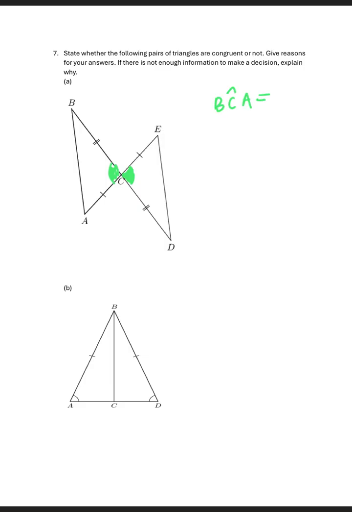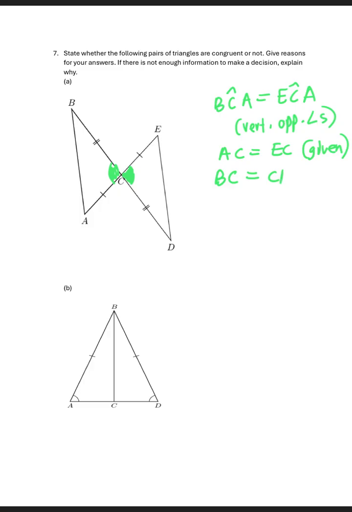So BCA is equals to ECA. They are vertically opposite angles. And then what do we have? We have AC is equals to EC. It's given. And they are also corresponding sides. It's very important. And we also have BC is equals to CD.